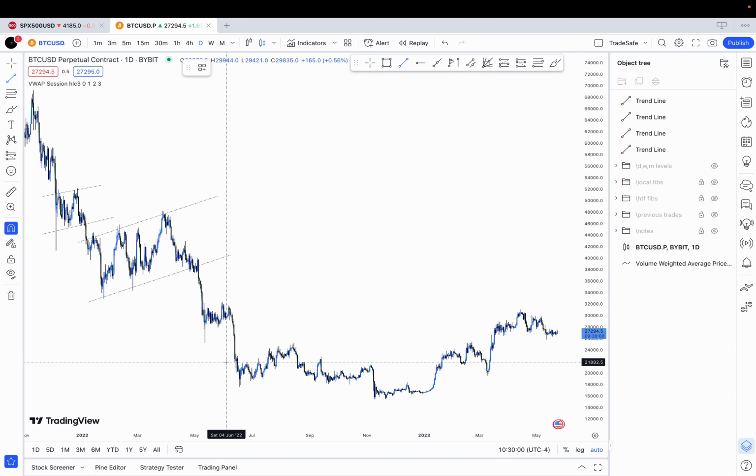So overall, shorts are printing right now, and what would be the trigger to change that? So coming into this low, we know that this is a new low put in. We wouldn't be shorting a new low, and with this range right here, I'm gonna get rid of the brushes.